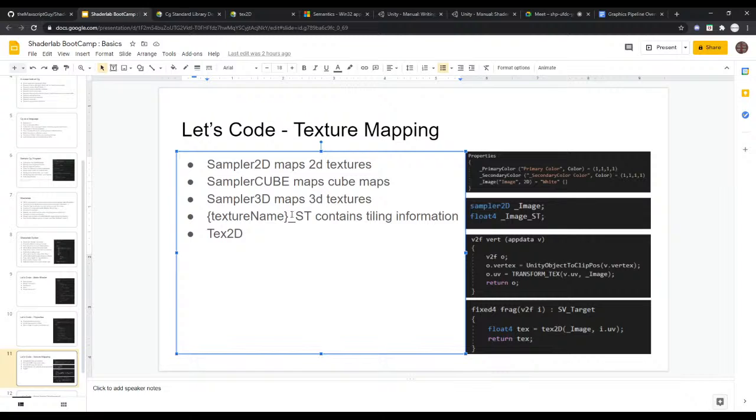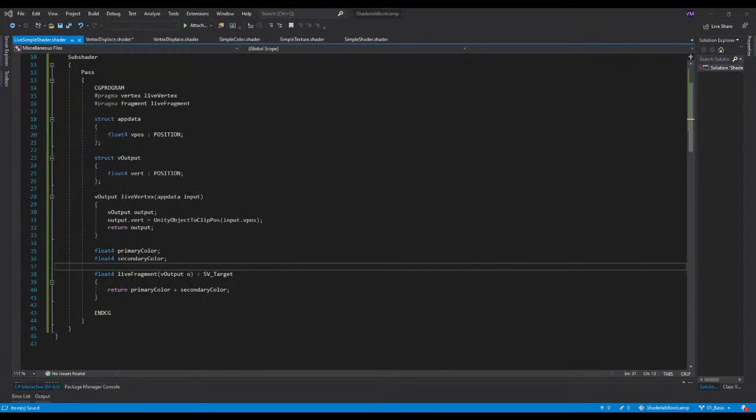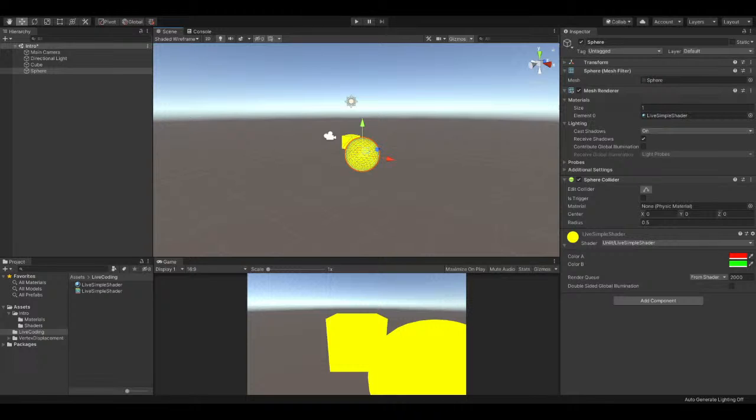But what is this, ST? So Unity will allow you to transfer the tiling and scaling data with that specific texture by using this keyword. So whenever you see a texture, let me quickly transition to Unity, because we have a property here, we have a texture here, we have tiling and offset.